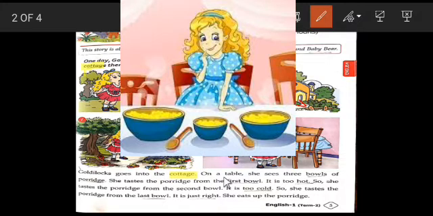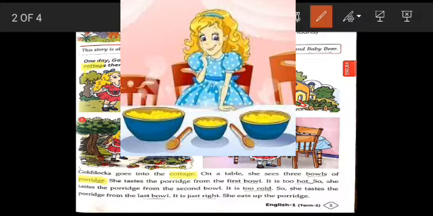Okay students, here she sees 3 bowls of porridge on the table. So what is meant by porridge? Do you know? So porridge means a soft food. A soft food, it will be in liquid form. Okay, not in a solid form. It is made by boiling meal of grains or legumes in milk or water until it thickens.